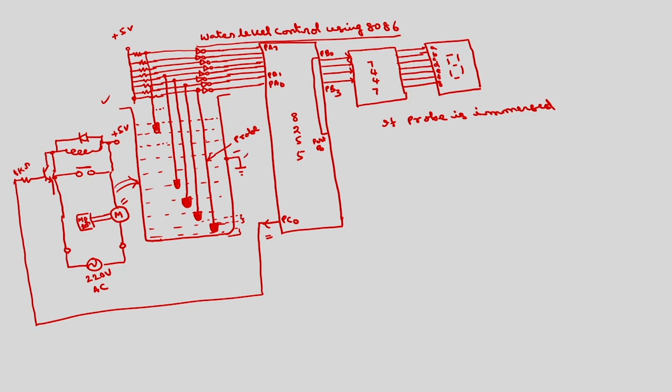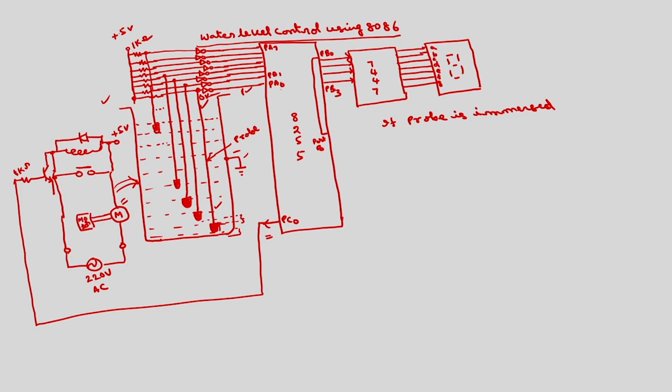So, if this probe is dipped or immersed into the water, the voltage here will be 0 volts, even if I have connected these 5 volts through some resistor, say 1K or 2K. If you directly connect this voltage to PA0, this will be negative logic. To convert this negative logic into positive logic, I have connected an inverter. So whenever this probe is inserted, this will be 1.